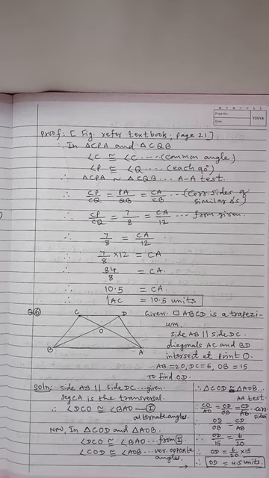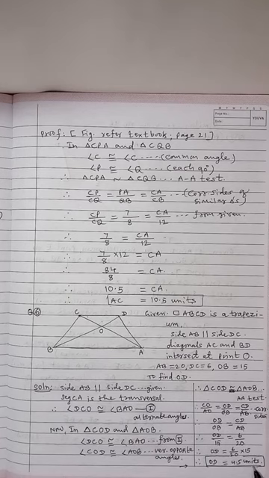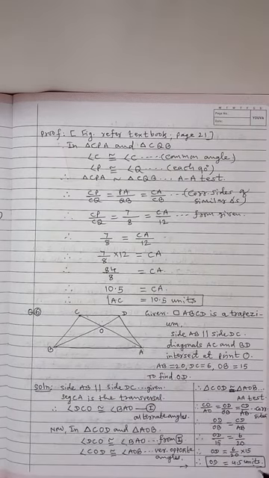You can simplify this and you will get OD equal to 4.5 units. That is what we had to find out. So refer to the textbook, see the questions from the textbook, go through the solutions and practice well.